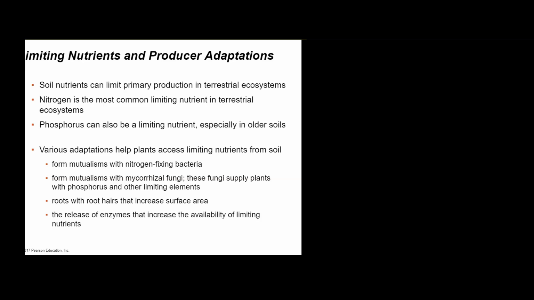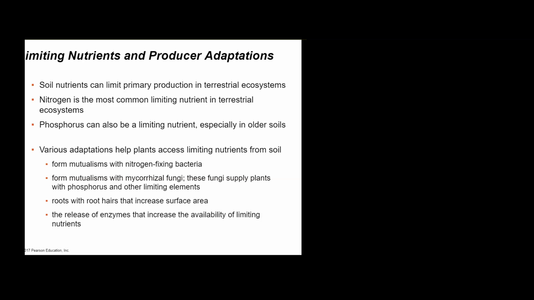So one of the major types of adaptations that we see is the mutualistic relationship between nitrogen-fixing bacteria and plants. These nitrogen-fixing bacteria are found along the roots of plants in order to enable them to get better access to that limiting amount of nitrogen in the soil.